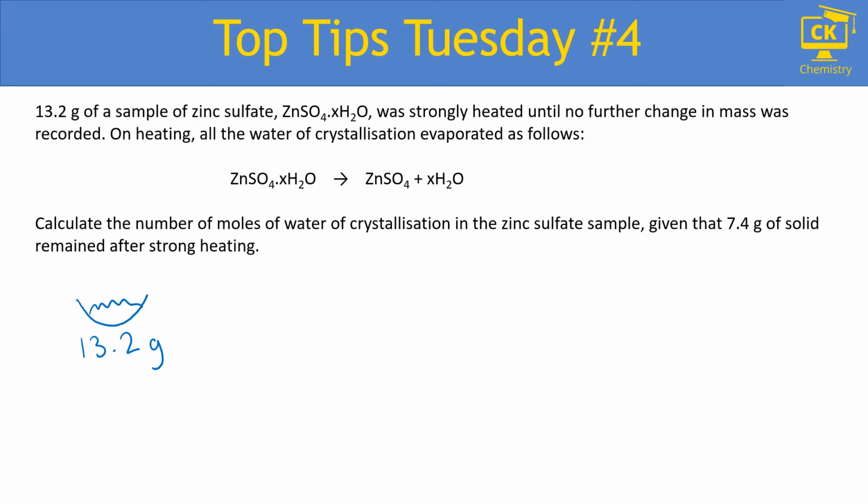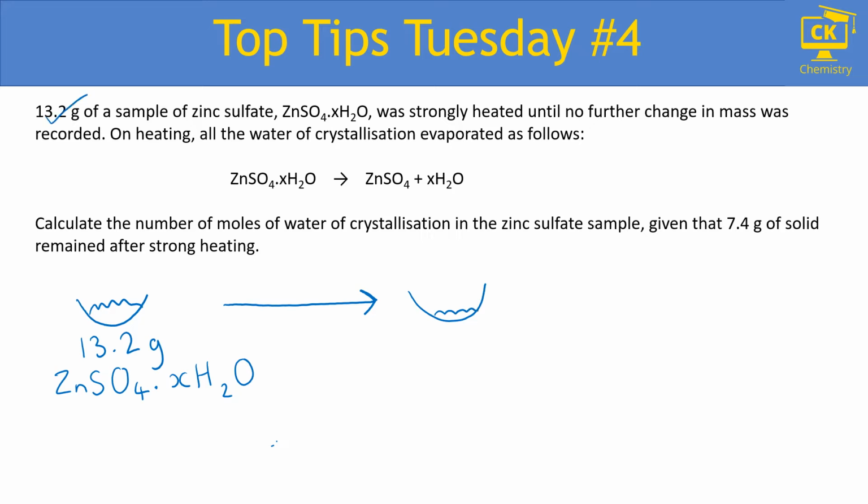So I've got 13.2 grams of a solid, and the solid contains ZnSO4, but it also contains water. That's in a crucible, so you don't have to draw anything that really looks like a crucible at all. And I'm then going to heat it up. I'm now going to have less solid left behind.